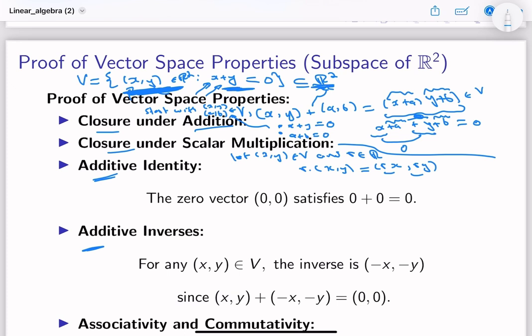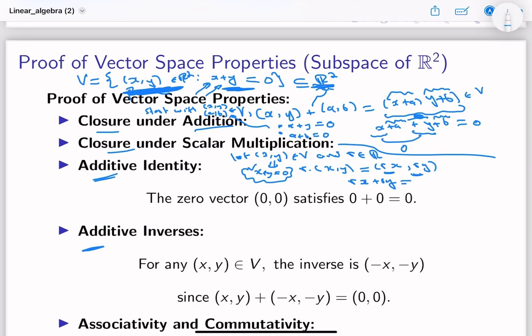And why is the sum of the first and the second 0? Since xy is in V, we know that x plus y is equal to 0. We want to see whether rx plus ry is 0.